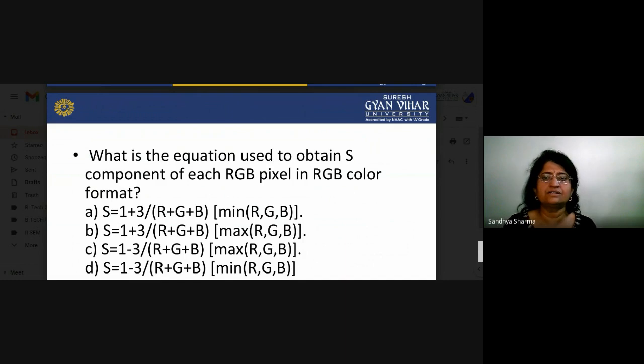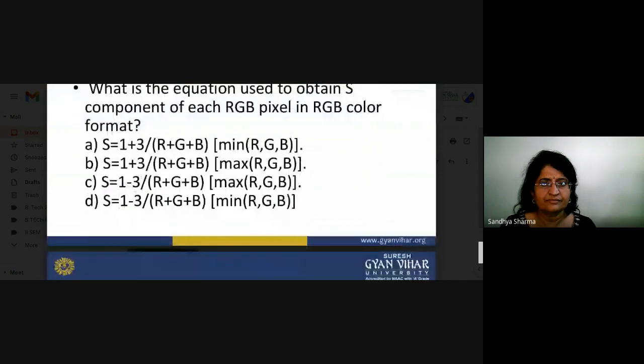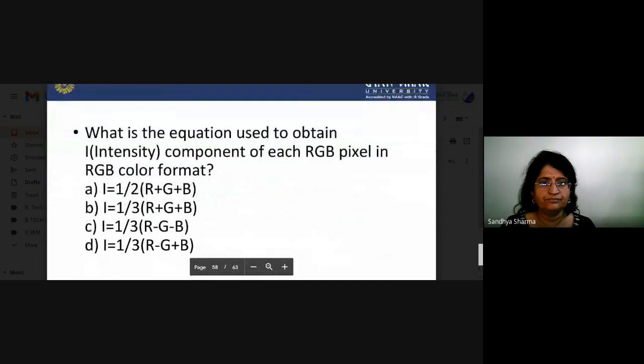What is the equation used to obtain the S component of each RGB pixel in RGB color format? What are the basic equations? Next, what is the equation used to obtain the component of each RGB pixel in RGB color format? What is the method for achieving this?